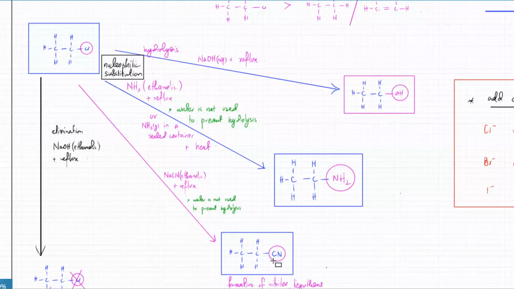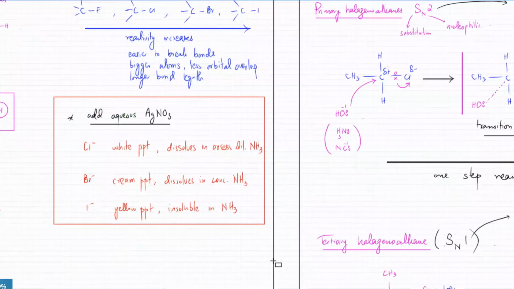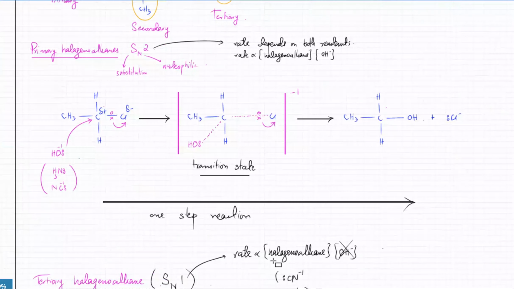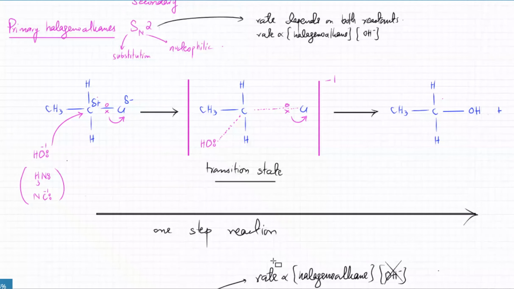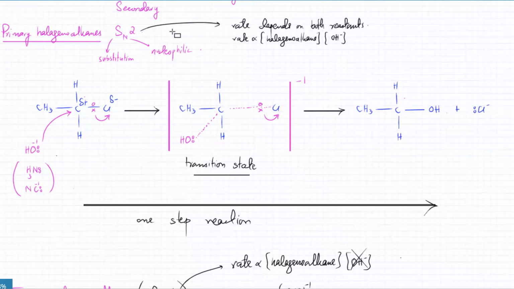Three different nucleophiles, and in all three cases you have the same mechanism, which for primary halogenoalkanes is the SN2 mechanism. The OH- ion is going to come in, a transition state would happen, not an intermediate. It's going to happen in one go. The OH- ions will come in and the Cl will get knocked out, and that's about it.